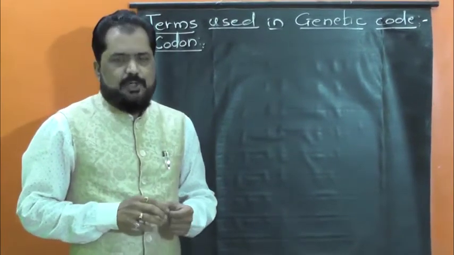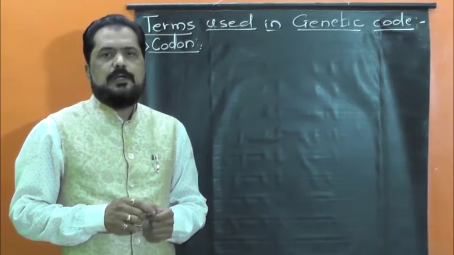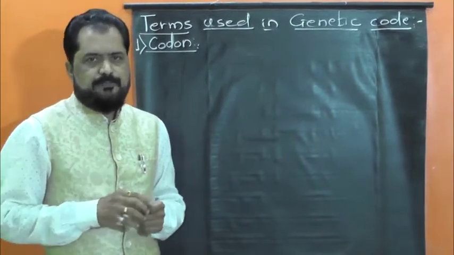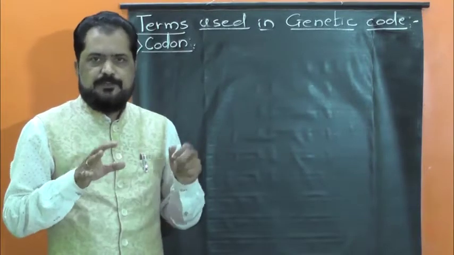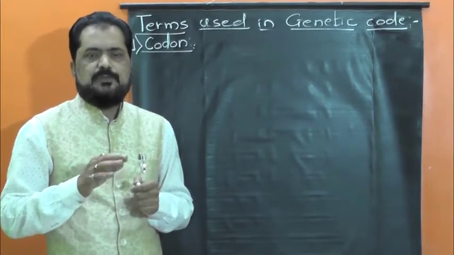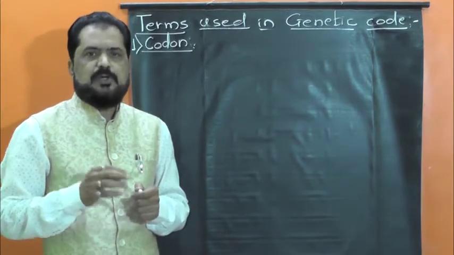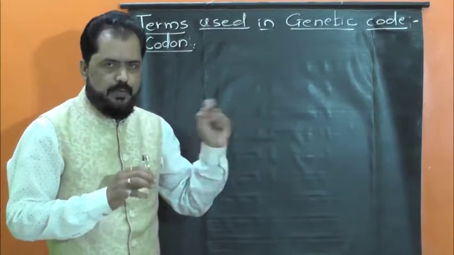The sequence of 3 nucleotides or nitrogen bases on messenger RNA is known as codon.